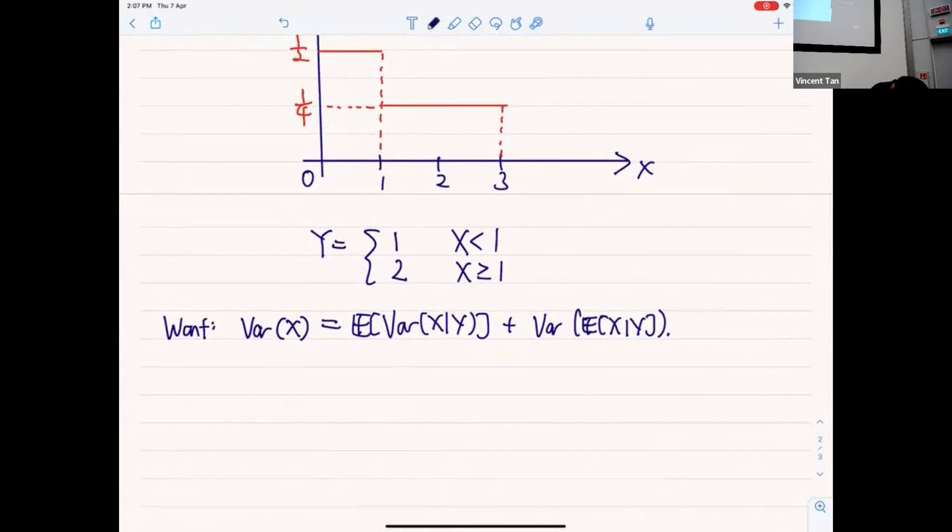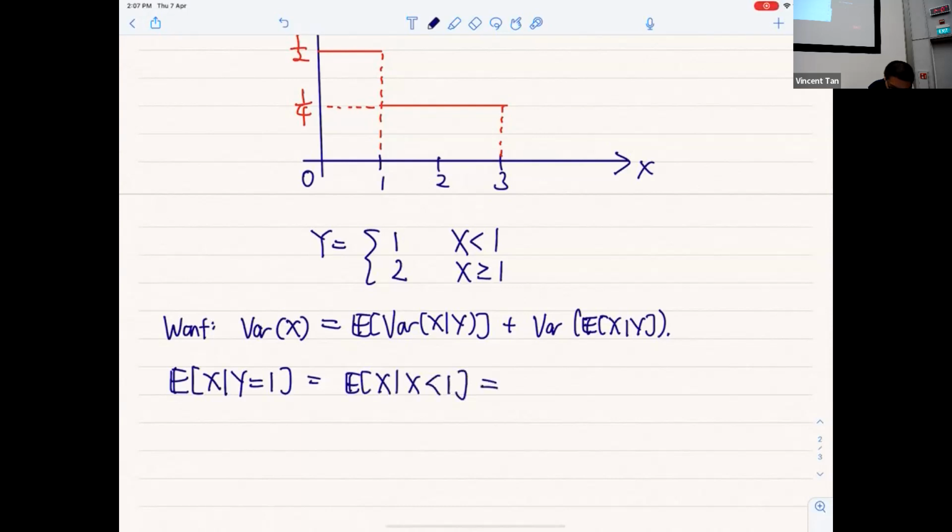What is the meaning of expected value of x given y? Well, how many values can y take on? Y can only take on 2 values, namely 1 or 2. So what is this one here? This is nothing but expected value of x given that x is less than 1. Okay, let's call on people in the Zoom.